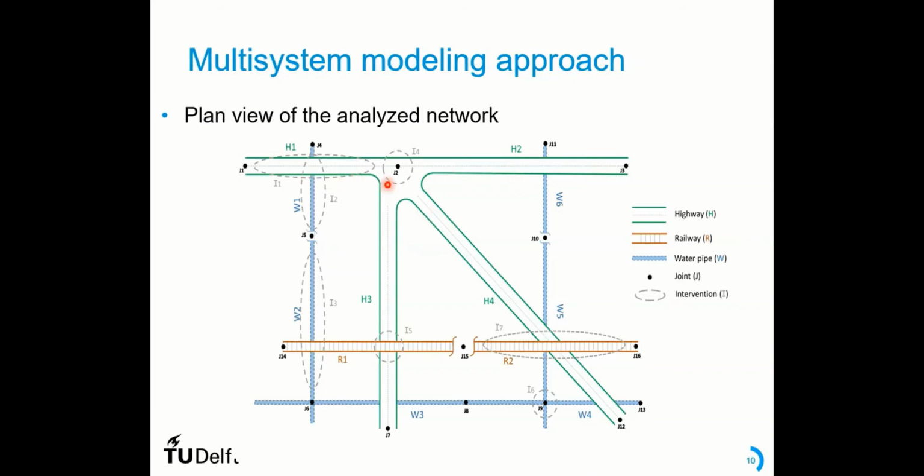We have the road network in green, the water network in blue, and the railway network in brown. These dotted lines here are intervention activities. For example, this dotted line, which is I1, is an intervention on this road section, H1. This I2 is an intervention on the water pipe W1, and so on.